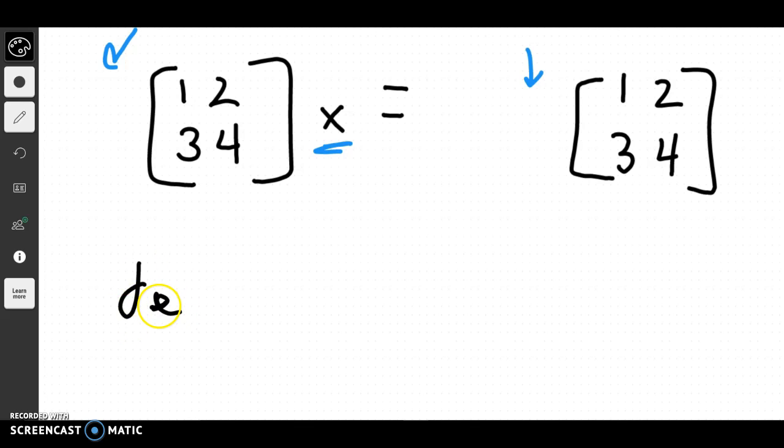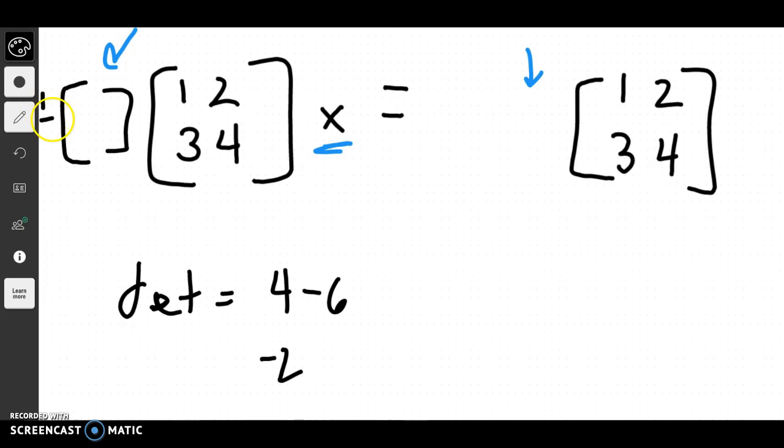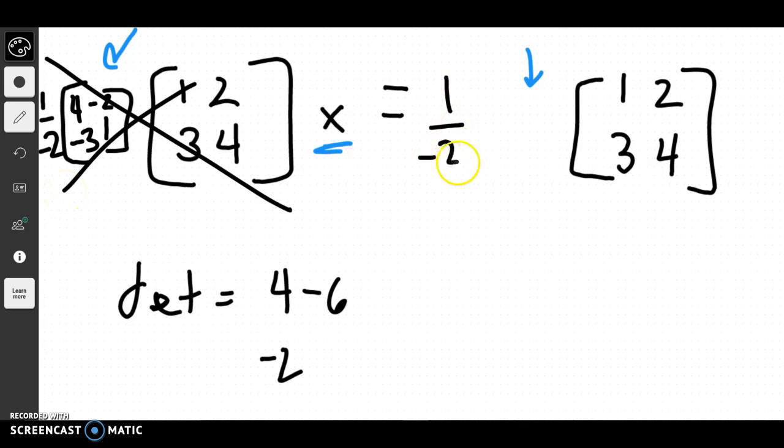If we take the determinant of this, this will be 4 minus 6, which gives us negative 2. Whoops, I meant to say negative 2. We would flip 4 up here, 1 down here. Negative 2, negative 3. Again, these matrices would cancel. I would do that on this side.